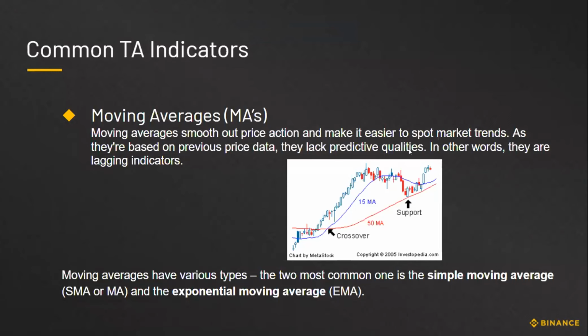So if you're using a moving average, it's more of a historical analysis, checking what a certain coin was before. In other words, they are lagging indicators. The two most common are the simple moving average and the exponential moving average.